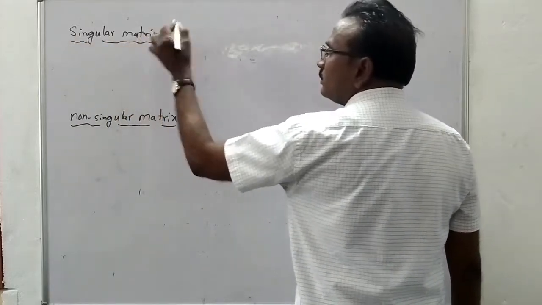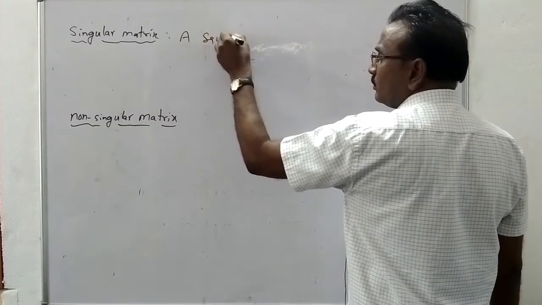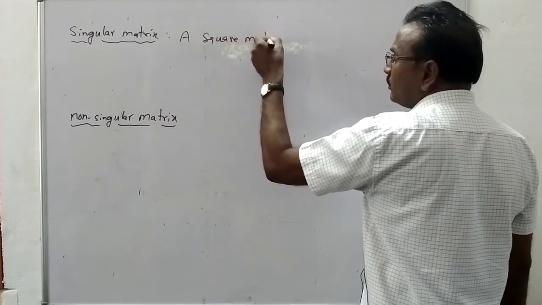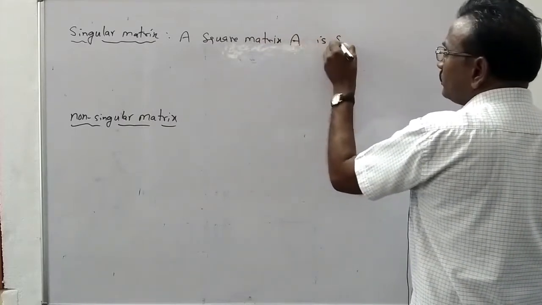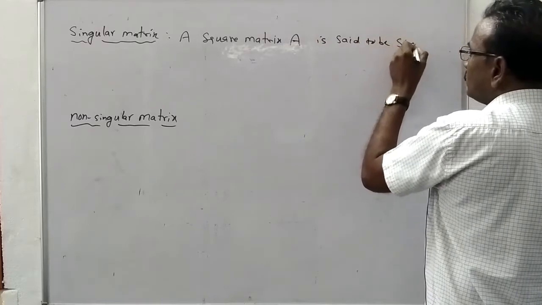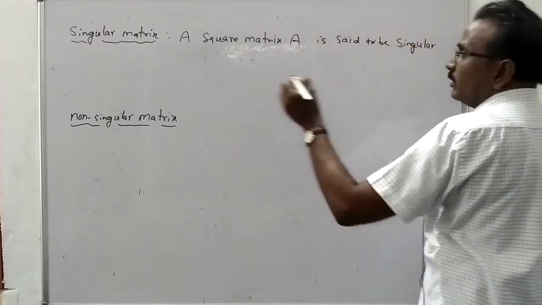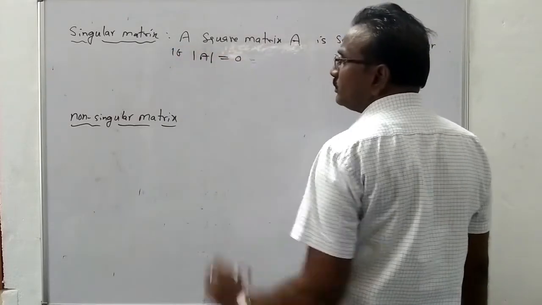Singular matrix: a square matrix A is said to be singular if the determinant of A is 0.